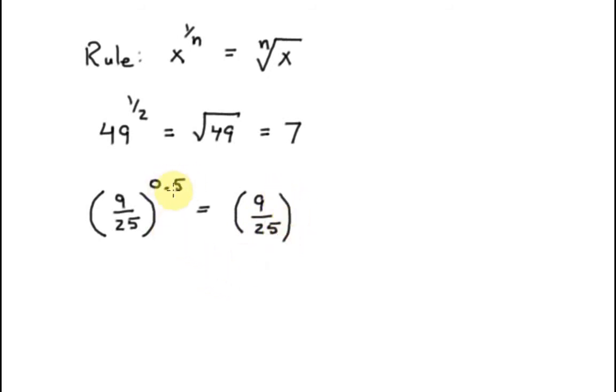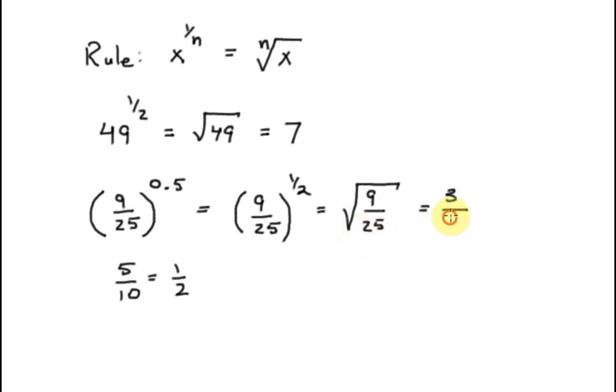So if you have trouble with this, when you see 0.5, that means 5 over 10, which reduces to 1/2. So this is really just saying that the exponent is 1/2. And that means we're looking for the square root of 9 over 25. And that reduces to, the square root of 9 is 3, and the square root of 25 is 5. And that's the answer.